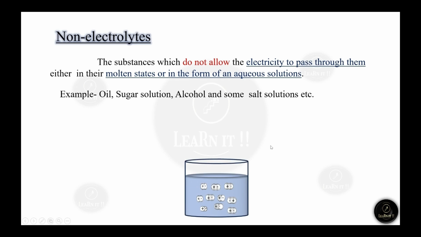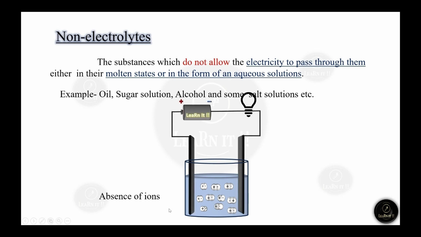In non-electrolytes there is an absence of ions, so there are no charge carriers. So when we pass electricity, as there are no charge carriers, they do not conduct. Some salt solutions include barium sulfate or silver chloride, AgCl. They do not contain ions, so they do not conduct electricity and behave as non-electrolytes.